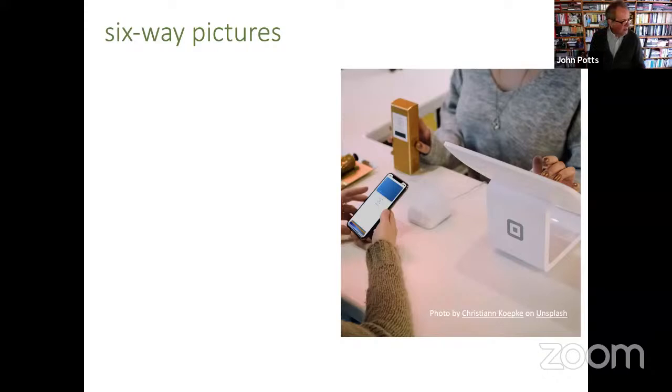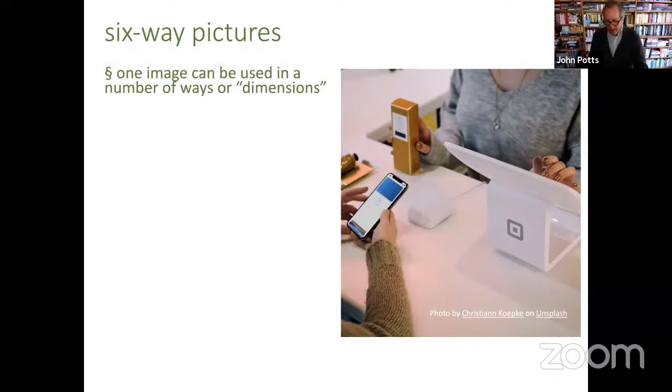Okay, so Six-Way Pictures then. What do I mean by Six-Way Pictures? What's this all about? Let's look. My idea is this, that one image, in this case the one we can see, can be used in a number of different ways, or "dimensions", if you like. I've put it in inverted commas.